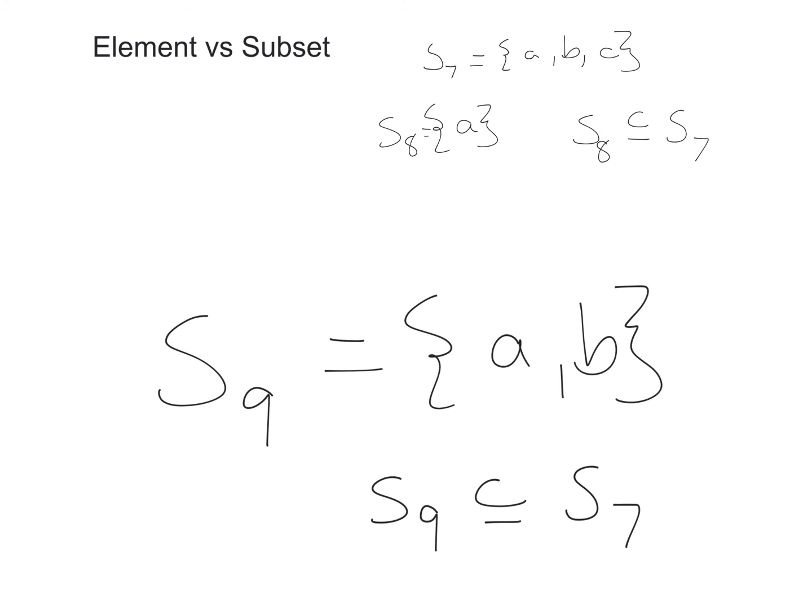Well, the first question you have to ask yourself is, are they both sets? Yep, S9 is a set, S7 is a set, so far so good. Then we go through everything in S9 and see if it's in S7. A is in S9, A is in S7. B is in S9, B is in S7. I'm done, so I say, yep, S9 is a subset of S7.